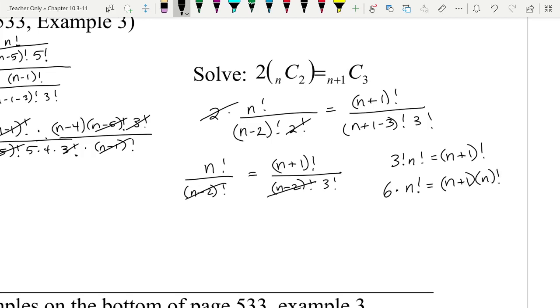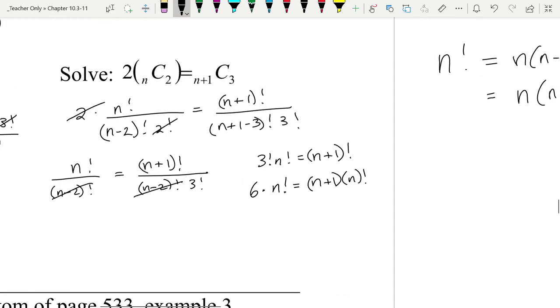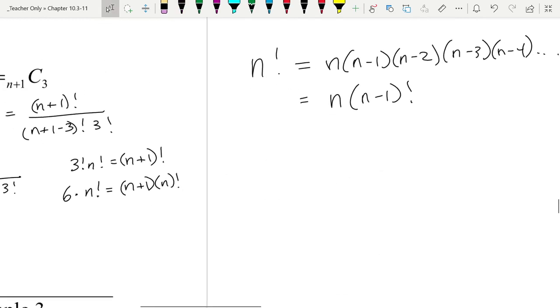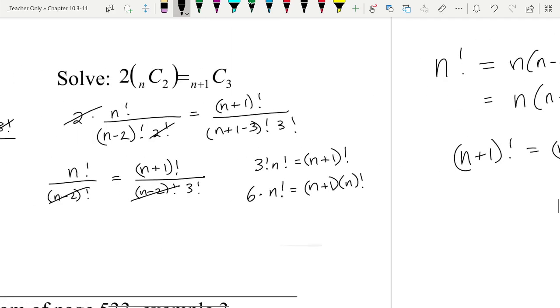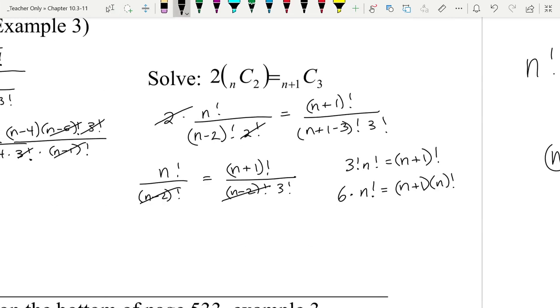Think about it. n plus 1 factorial is n plus 1 times n times n minus 1, until I get down to just the number 1. So that means I can now divide both sides of the equation by n factorial, and n is 5. And you could do a check to see if it worked if you wanted to.